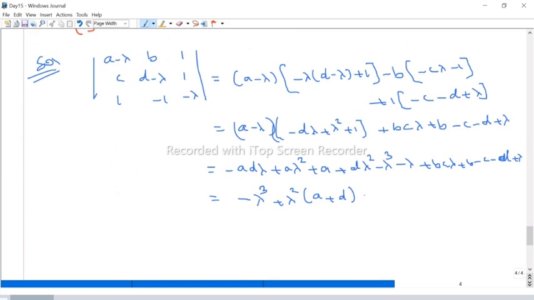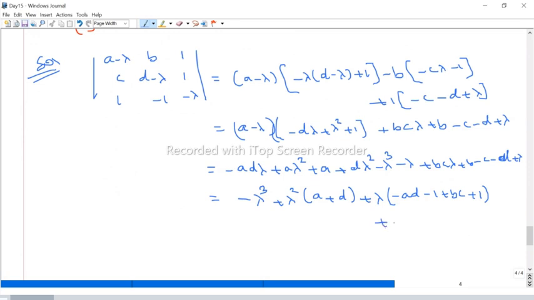Now you can take lambda outside. If you take lambda outside, minus AD and then minus 1 plus BC plus 1, right?